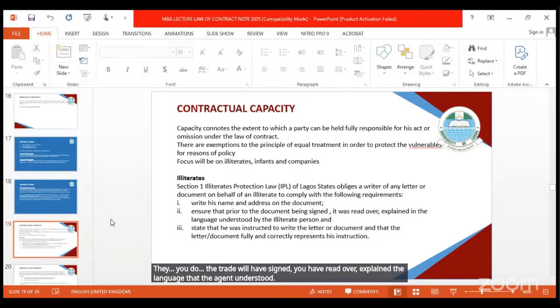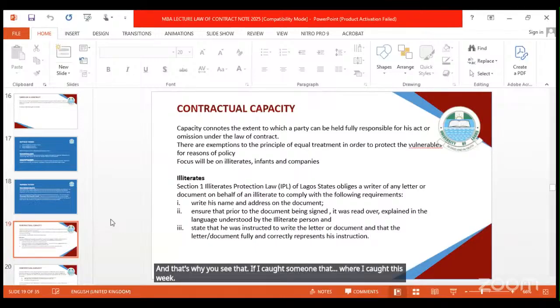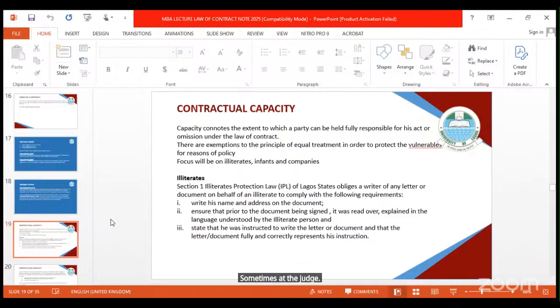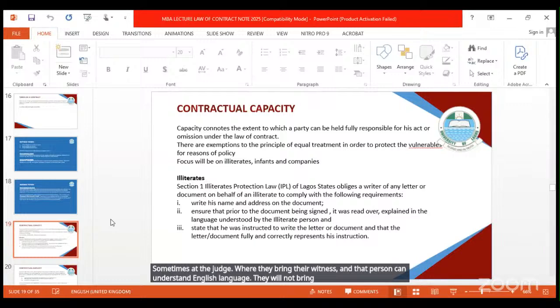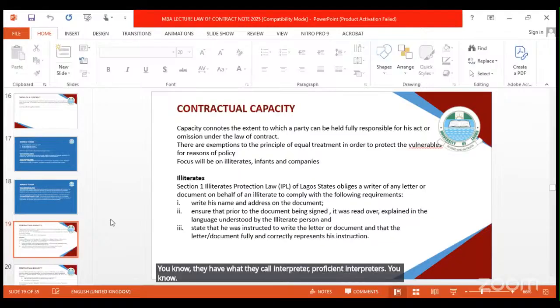And that's why, if you were in court this week, you would have observed that sometimes when they bring a witness and that person cannot understand the English language, they bring an interpreter. They have what they call professional interpreters, whom the judge will appoint.